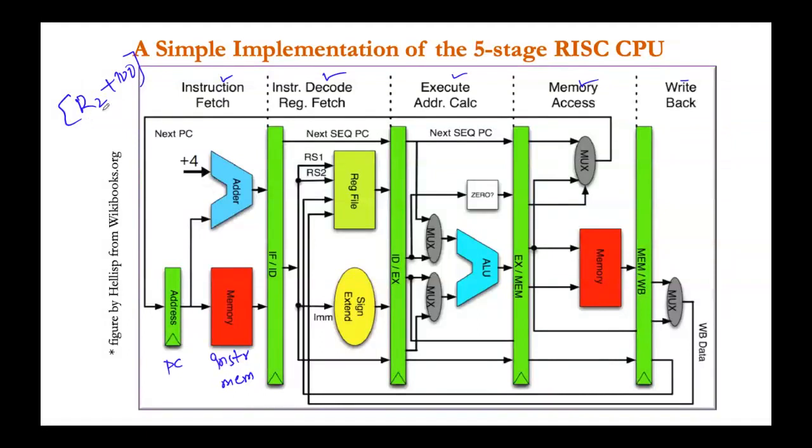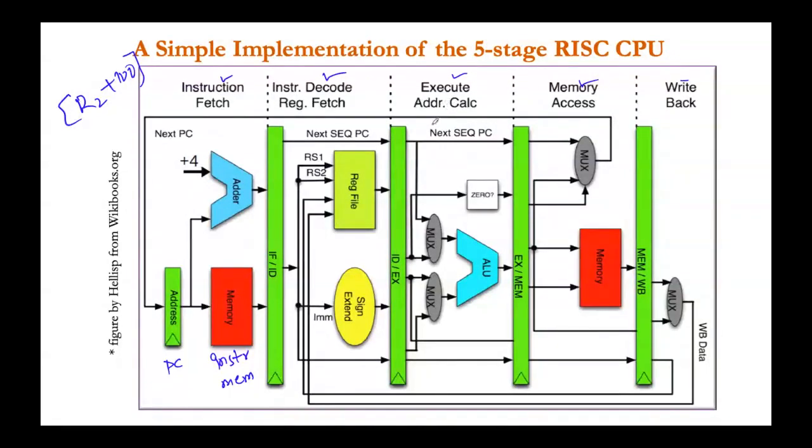In that case, this entire portion becomes your immediate value in the operation. That immediate value is 16 bits. To convert that into a 32-bit word, we use another component in the instruction decode, that is the sign extend component.